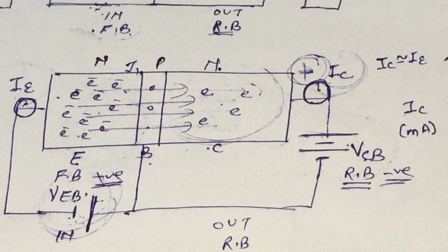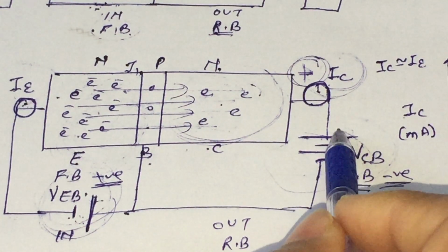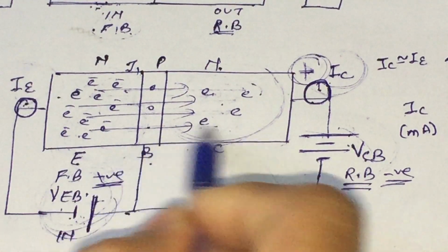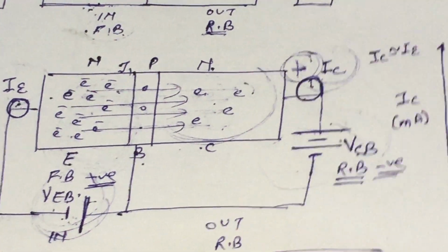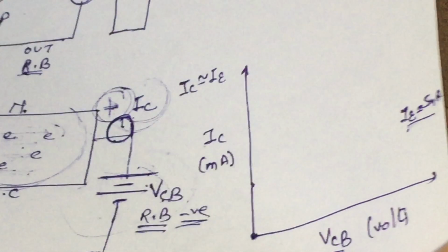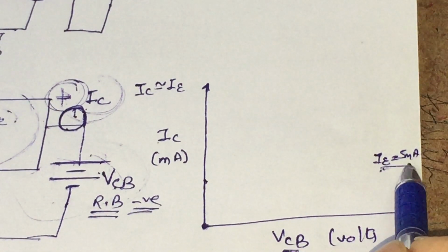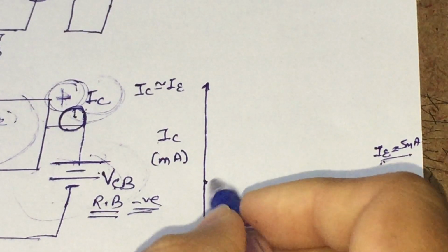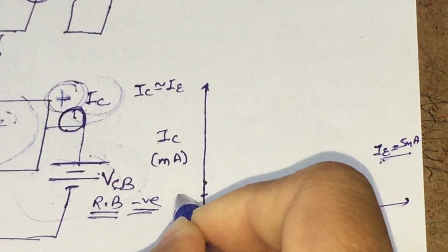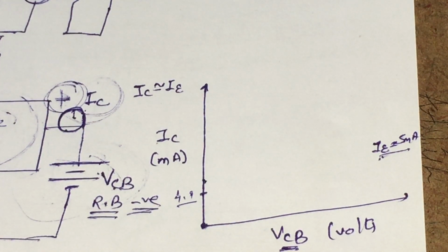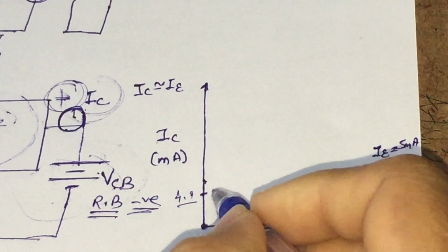It means even when this voltage is 0, due to this biasing, electrons will easily diffuse in the collector region and we will have a current which is approximately equal to 5 milliampere in our case. Let us consider this is 4.9 milliampere or 4.98 milliampere. It should be less than the emitter current.